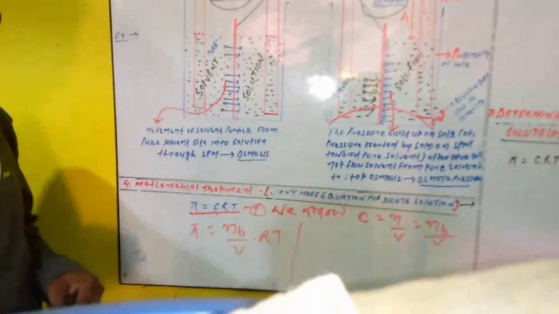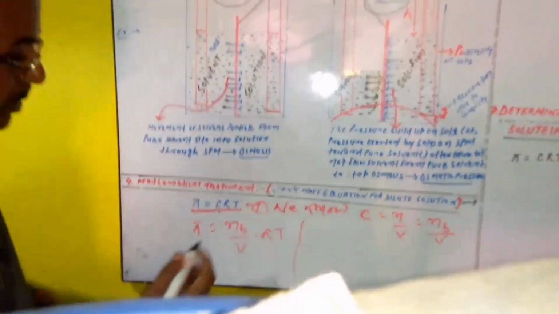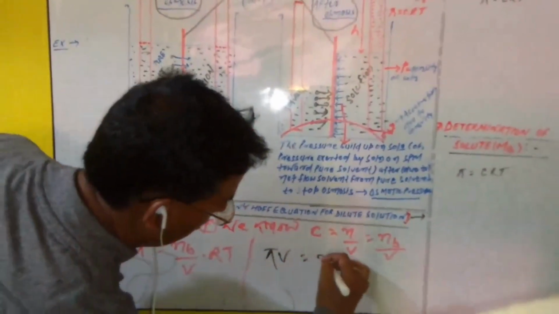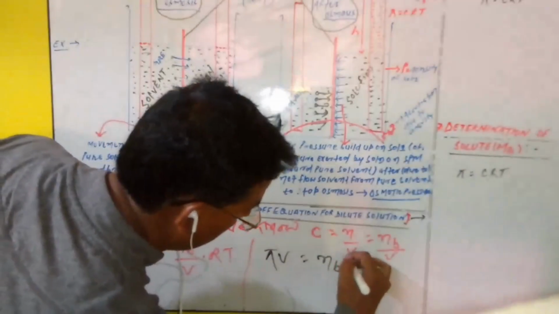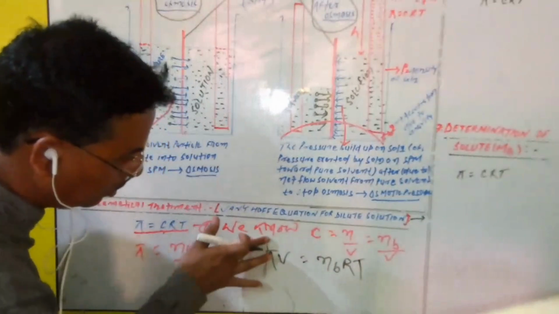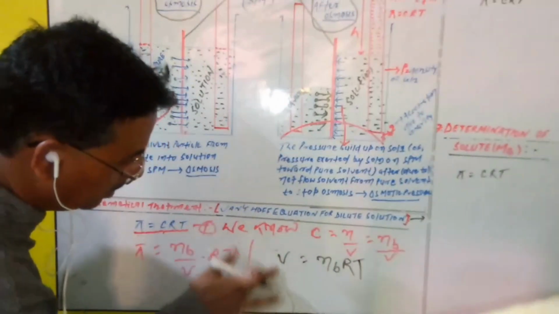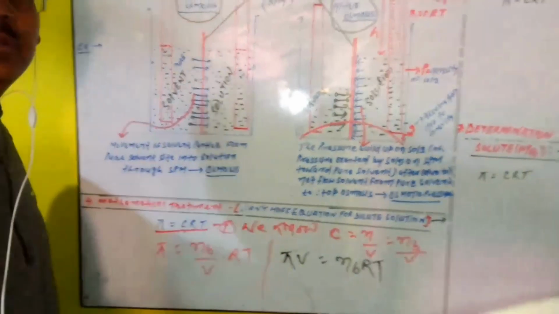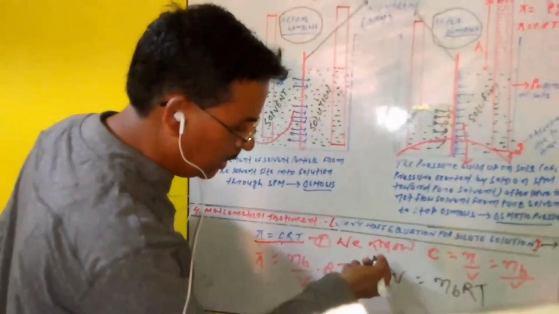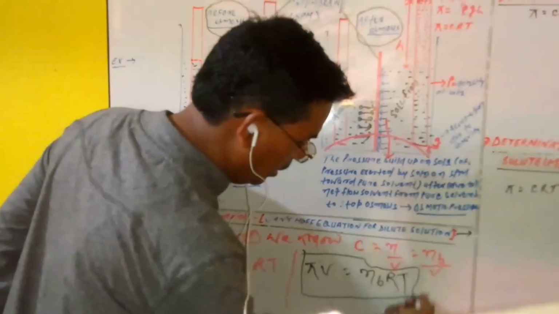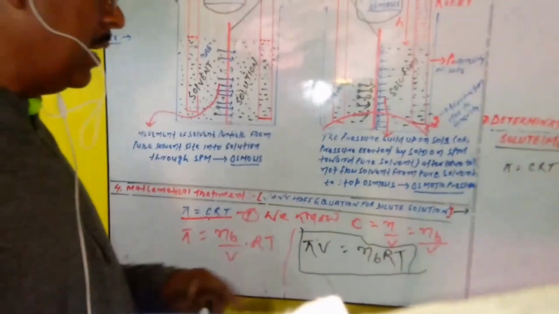Hence we can say pi V equal to nB RT. Remember class 11, states of matter: PV equal to nRT. So these relations are also present, but in a different form. Pi V equal to nB RT.